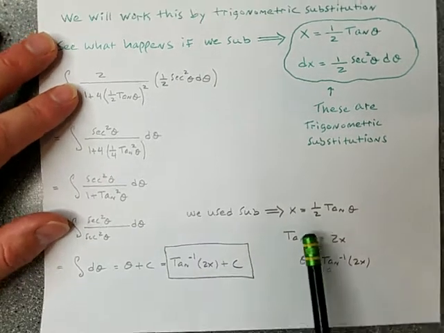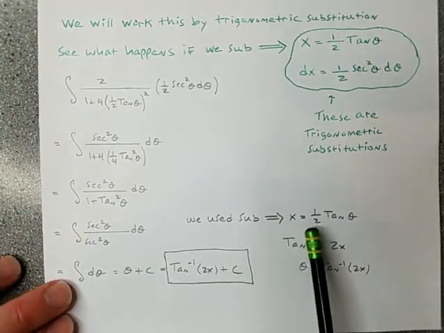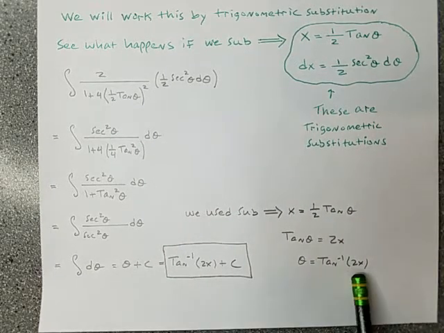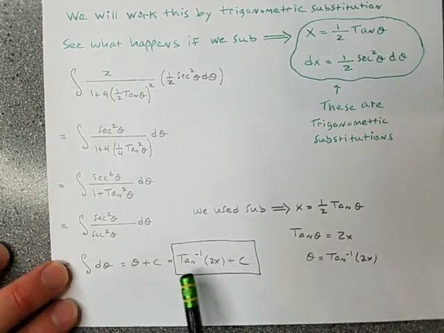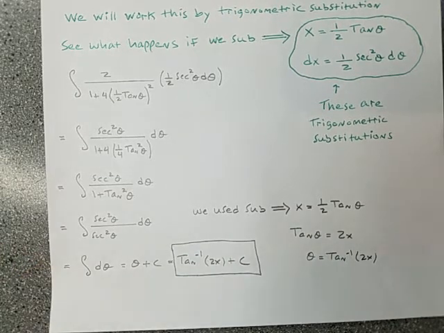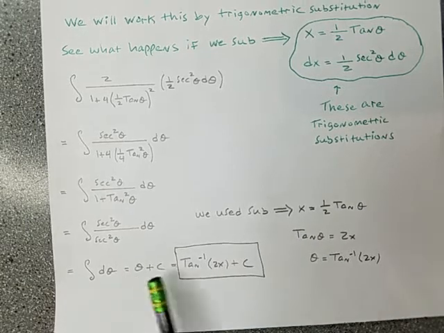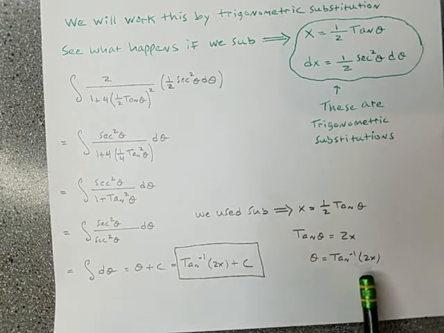All I had to do was say, well, if the substitution was x is half tangent theta, then I can solve directly for theta, and it says theta is equal to tangent inverse 2x, and so in place of the theta, I put tangent inverse 2x. So in that case, if you just get theta, then you use the inverse function to put theta back in terms of x.